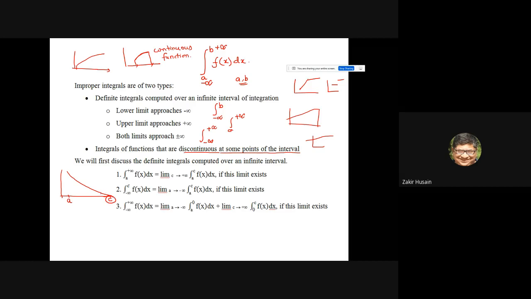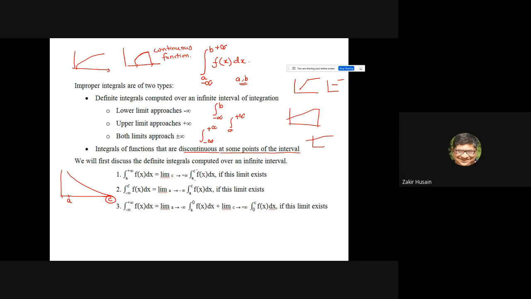But if we have a situation like this, where the limit C tends to infinity, basically it is asymptotic to the x-axis. In that case, we can simply find the area from A to C.